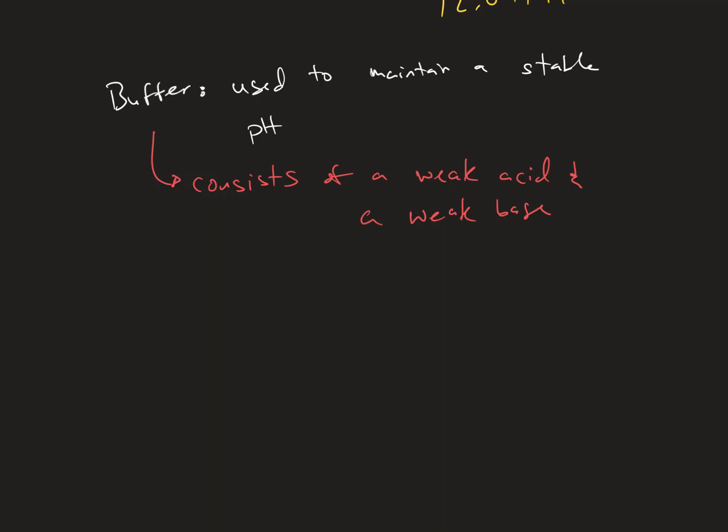So we kind of talked about this a little bit. How do you tell if it's a weak acid or a strong acid, a weak base or a strong base? Do you remember? The table, the numbers. Like the pH numbers? Okay, sure, that's one way.